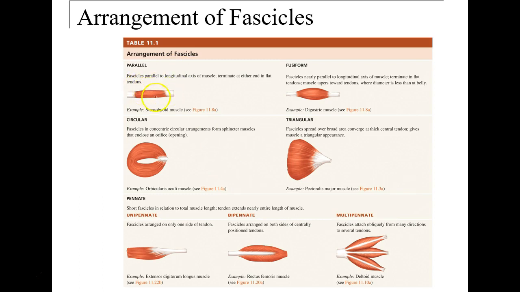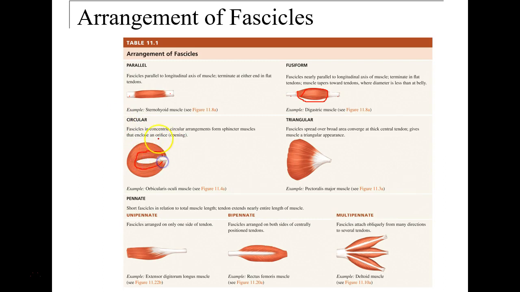So parallel, they're going to run from one tendon to the other. Fusiform, about the same, but we have quite a few more muscle fibers found within there, so it actually creates a little bit of a bulge, so it's a larger diameter. And then circular, it's exactly what it sounds like.